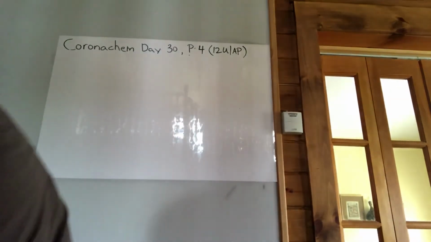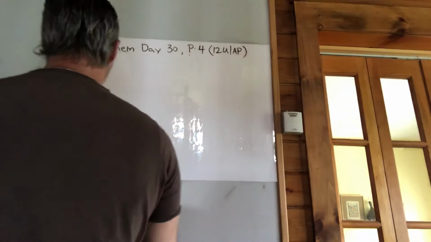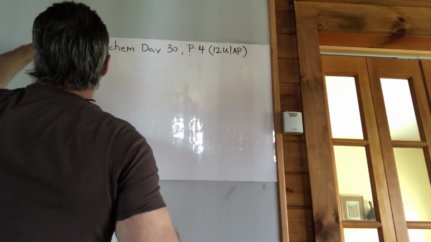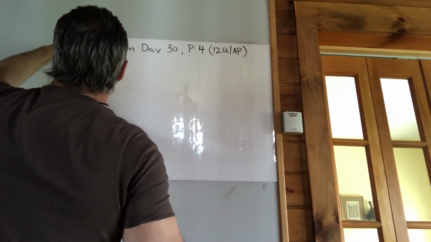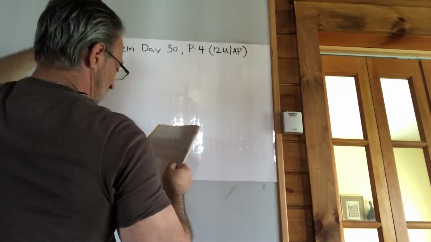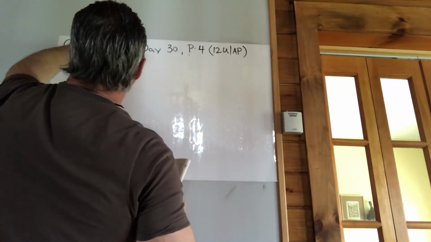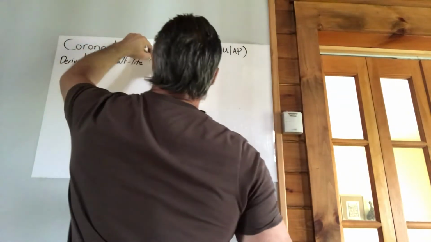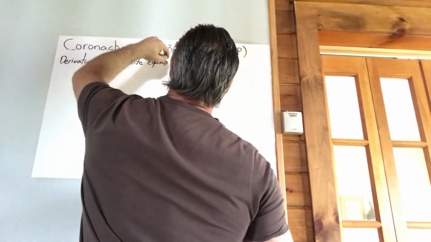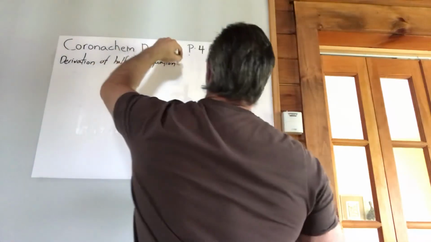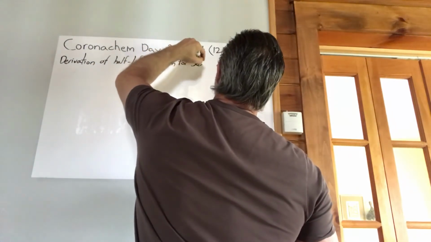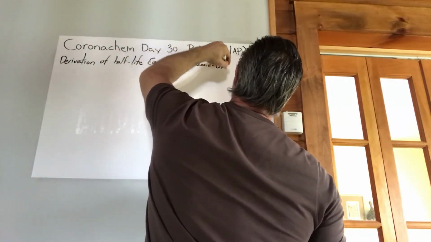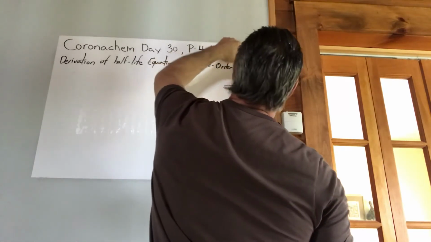So this is called the derivation of the half-life equation for second order reactions.